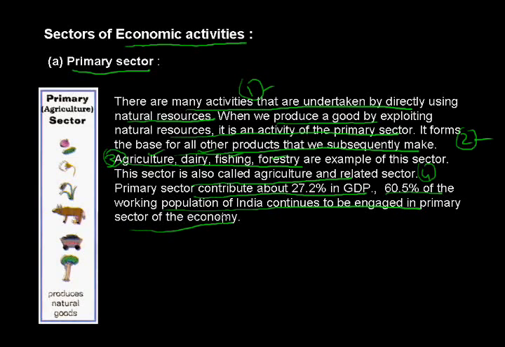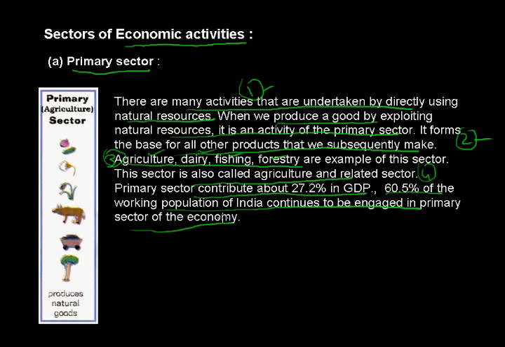If you remember the last chapter of class 9, sorry, not economics, geography, where we have read about the population, we have discussed the occupational structure of the country. There we have also discussed the three types of economic activities: primary, secondary and tertiary.